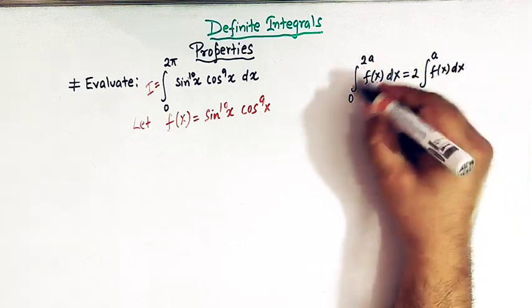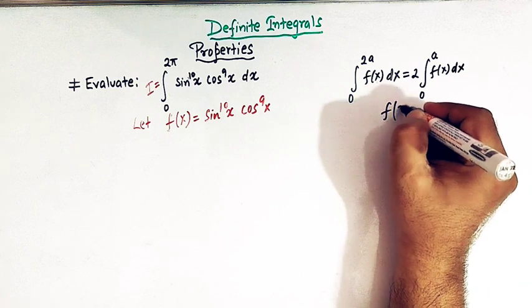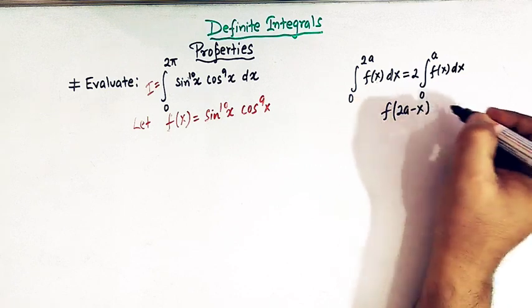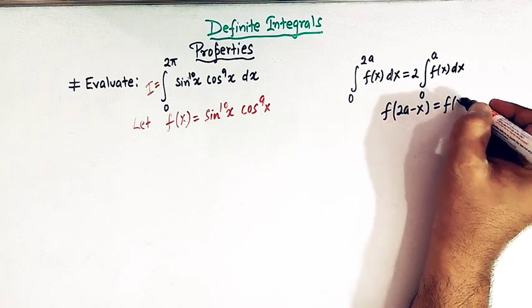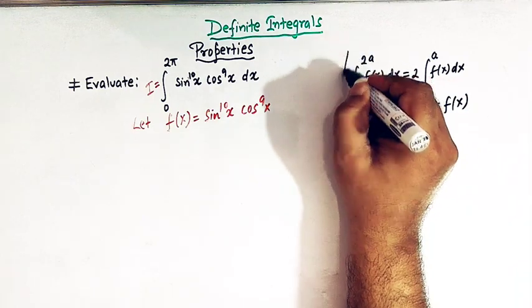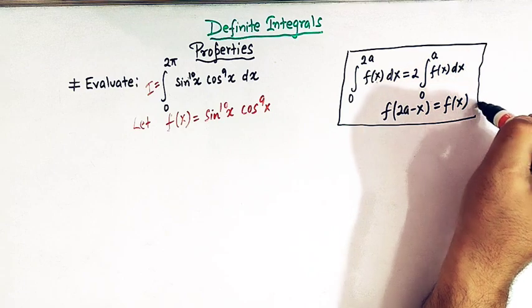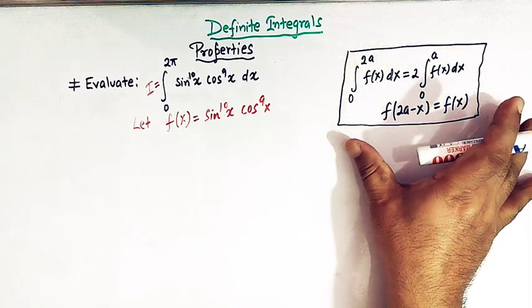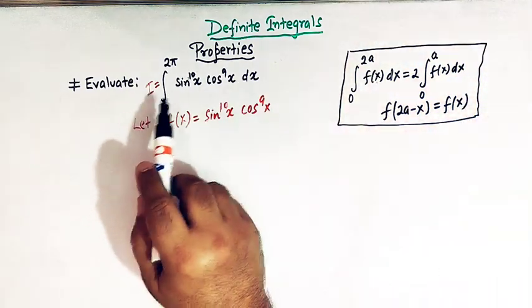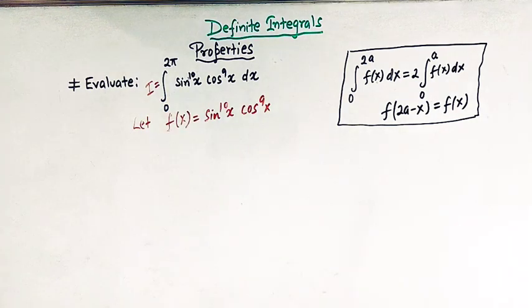And the condition is that f of 2a minus x should be equal to f of x. This is an important property which can be utilized to evaluate these kinds of integrals.